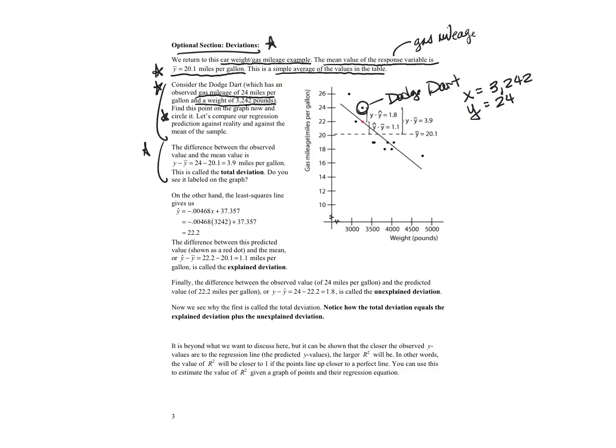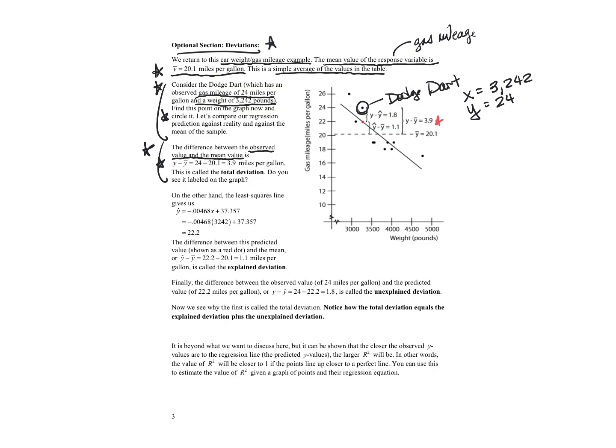So first thing I'm going to do is subtract the mean value for all of the gas mileages from the observed value. That would be 24 minus 20.1. That's 3.9 miles per gallon. This is called the total deviation, and you'll see it there marked on the little graph.